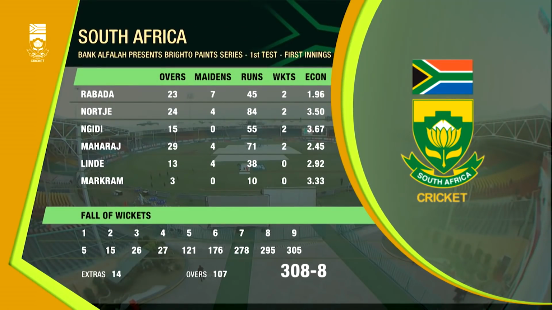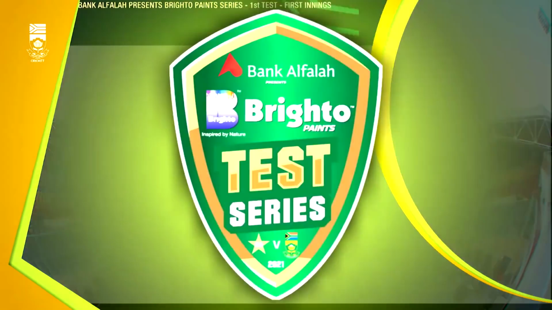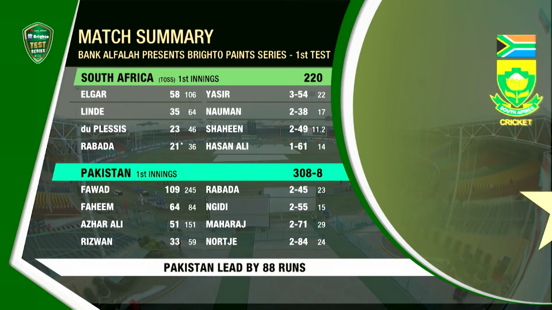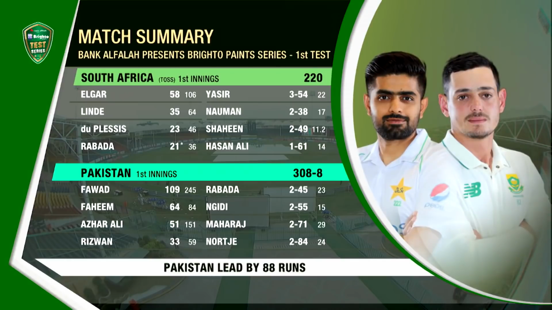That's South Africa's effort. 2 wickets for Rabada, Nortje, Ngidi, and left-arm spinner Keshav Maharaj. That's where the match stands at the end of day 2. South Africa 220 and Pakistan today looked very impressive with the bat, 308, and now their lead has extended to 88 runs. Hope you enjoyed the highlights.